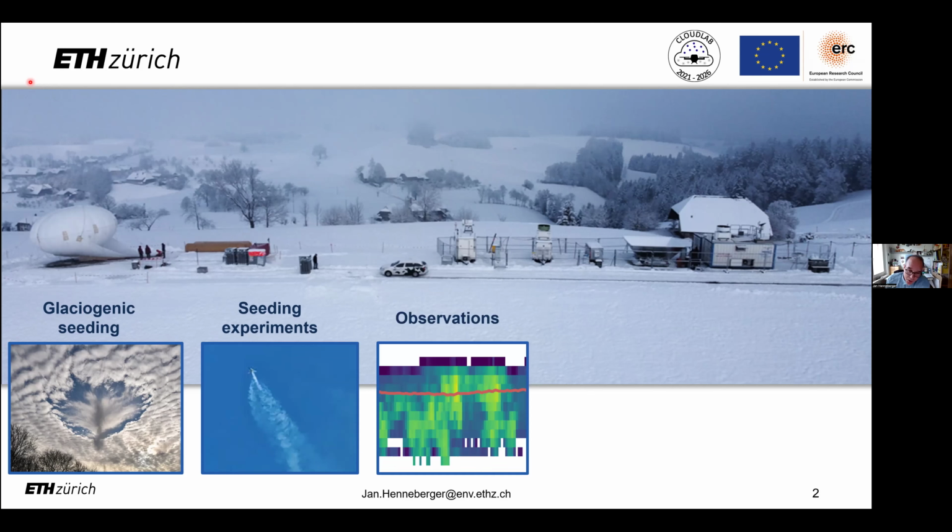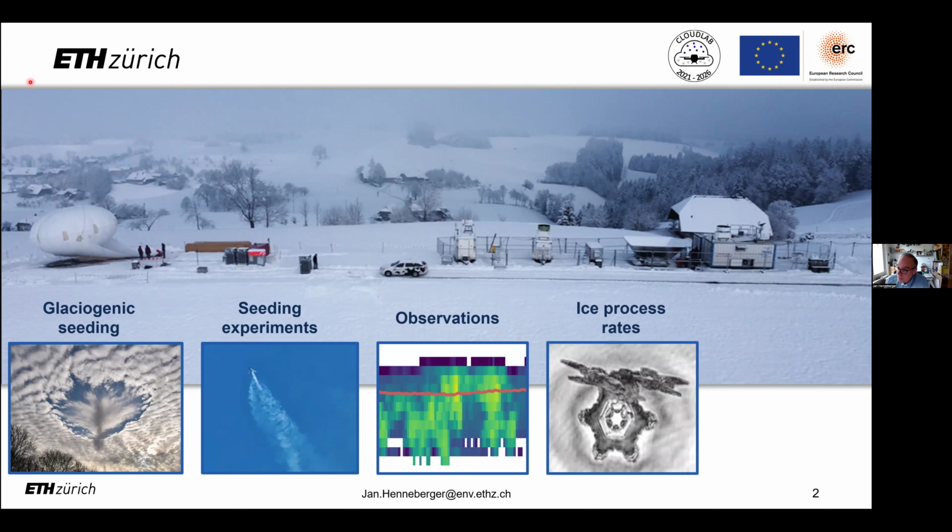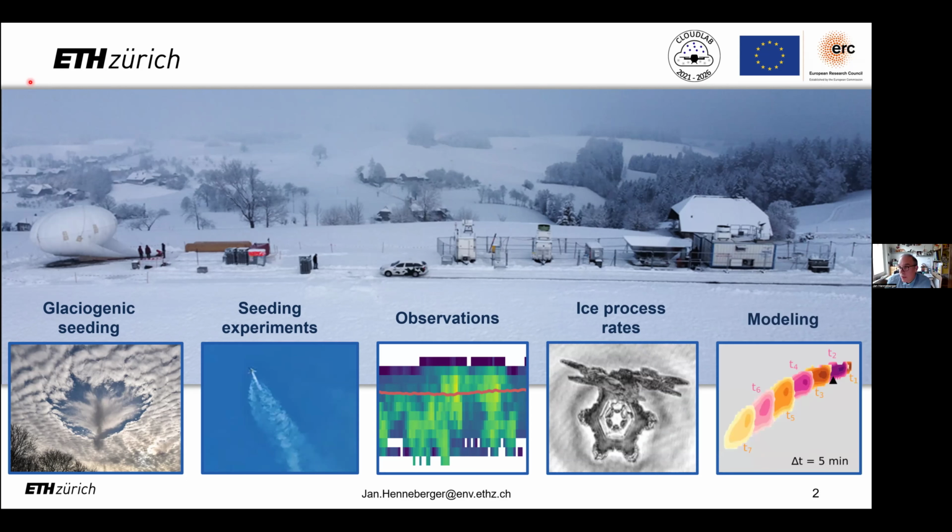The observation of our seeding experiments, what we learn with the seeding experiments about ice process rates in mixed-phase clouds, and then we also make the connection to the modeling and see if models can reproduce our results in the field, and if we can improve the parameterization in the model.